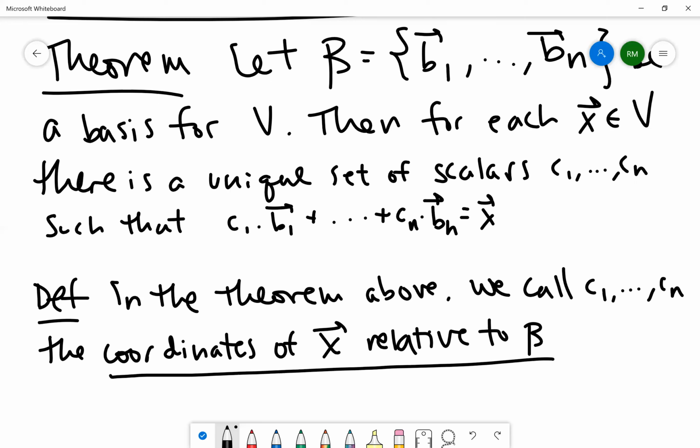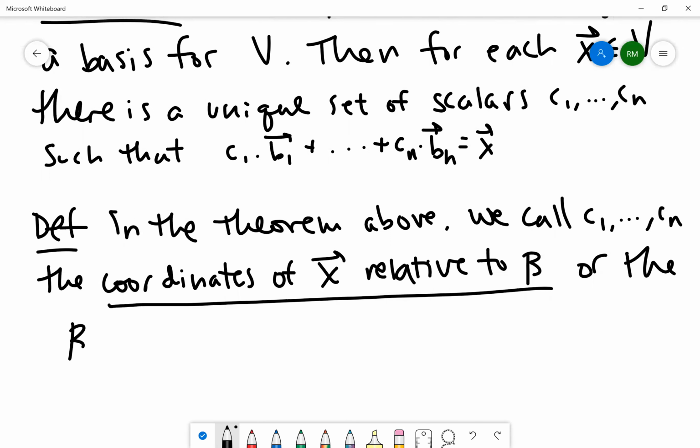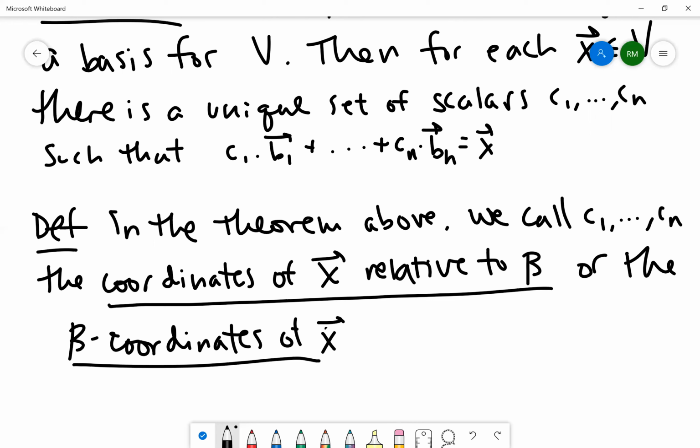So these are basically the coordinates in the basis of beta, or we call it the beta coordinates of X. So these are two phrases that mean the same thing.